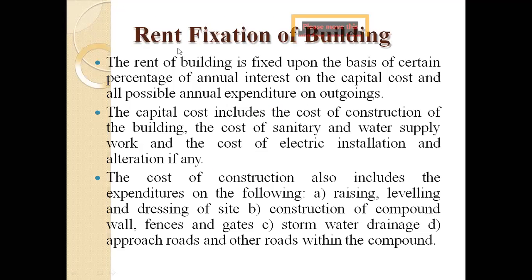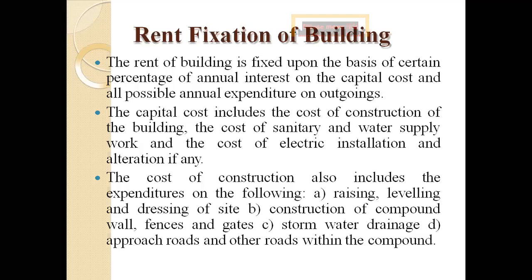Yes, so rent fixation of the building. The rent of the building is fixed upon the basis of a certain percentage of the annual interest on the capital cost and all the possible annual expenditures on the outgoings. So whenever you are going to decide the rent, what factor are you going to consider?